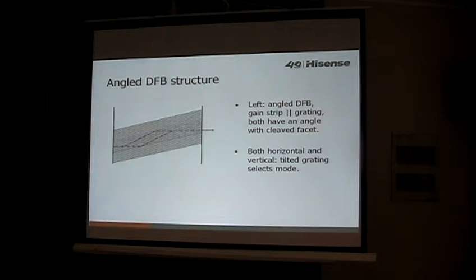Recently, some people are working on a new structure called angled gratings. This one looks to have some reasonable feasibility and has the potential to become a real device. I don't want to go into a detailed discussion about the waveguide structure.